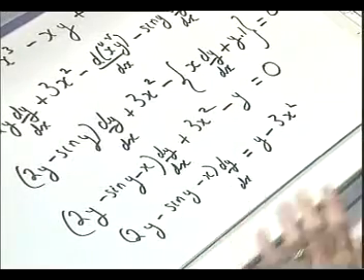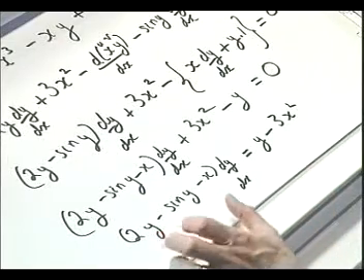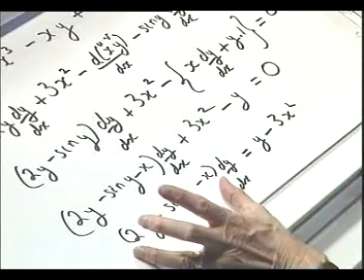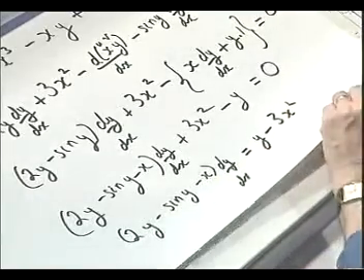And now, it's clear how we would finish this off. We would take this factor here and divide both sides by it.